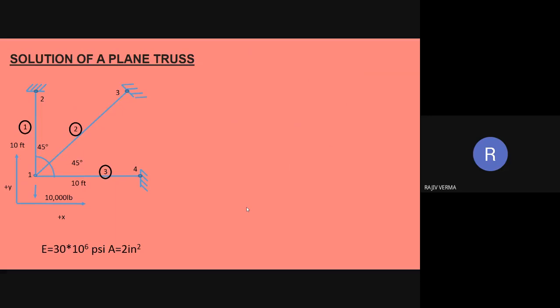Each bar has been taken as an independent element. So there are going to be three elements, element number 1, element number 2 and element number 3, and correspondingly 4 nodes.